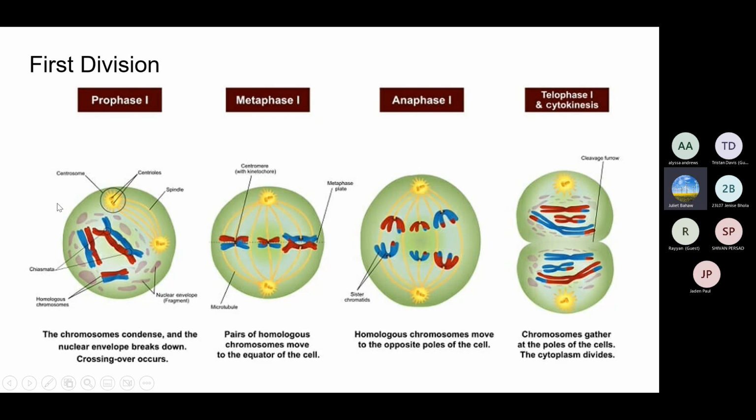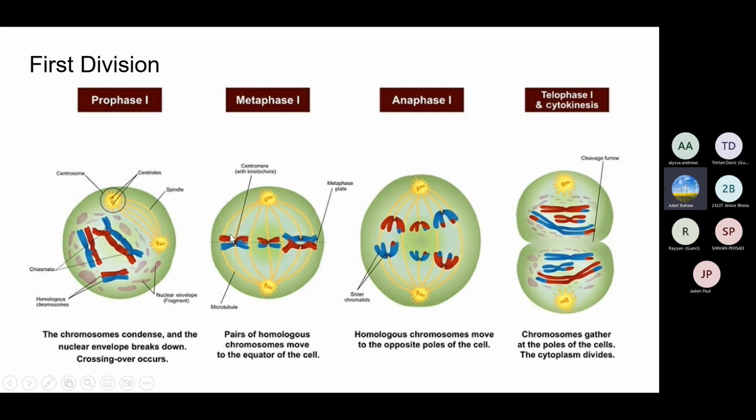So a lot is happening in prophase 1. The chromosomes condense and the nuclear envelope breaks down, crossing over occurs. So when the homologous or similar chromosomes come together, they cross over and they swap genes. Later into metaphase, they align themselves along the equator.